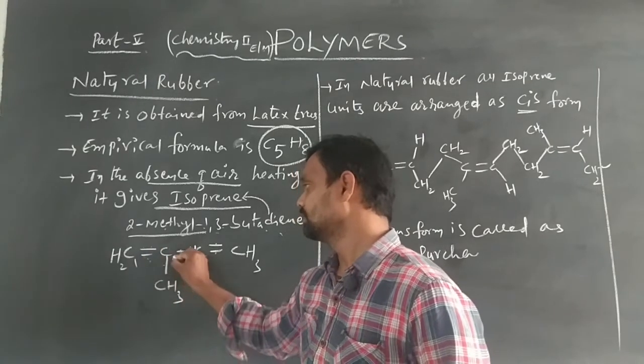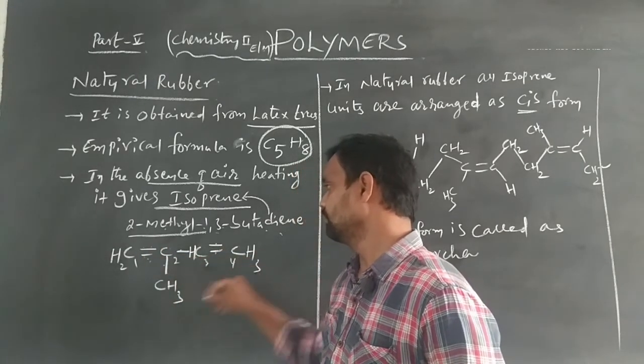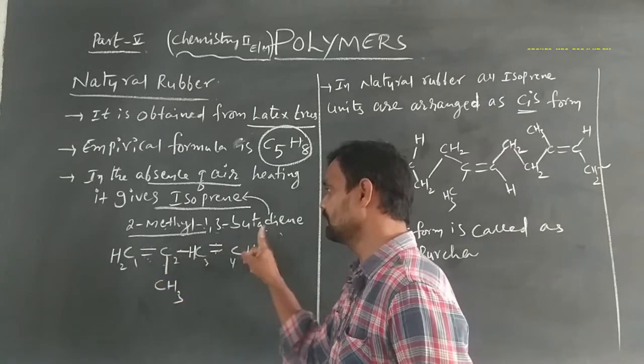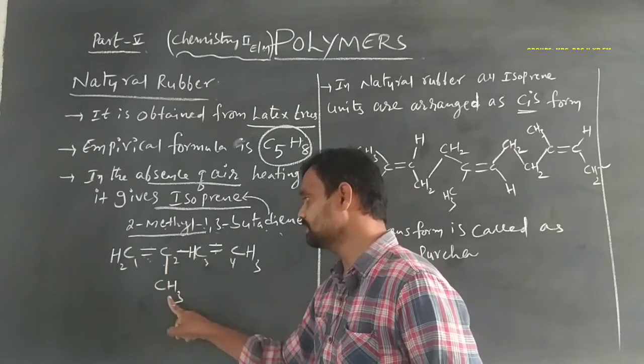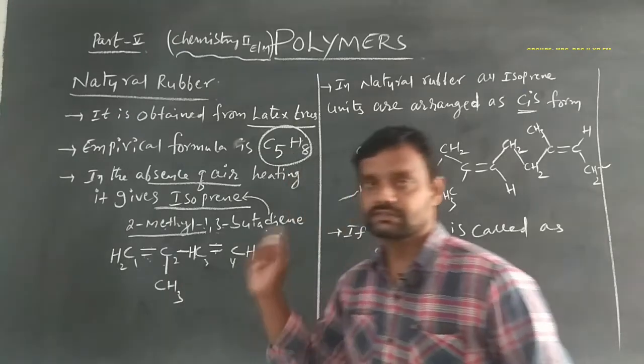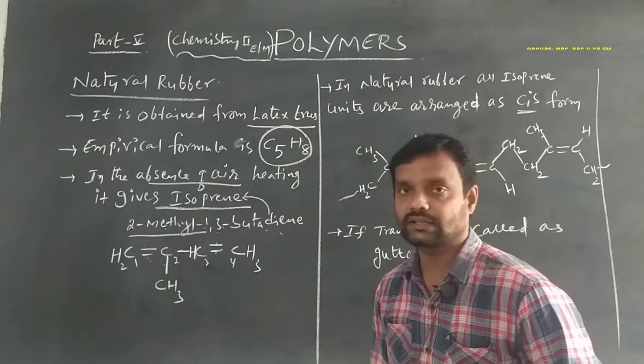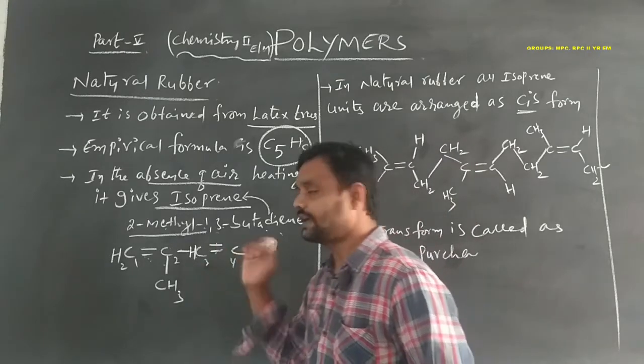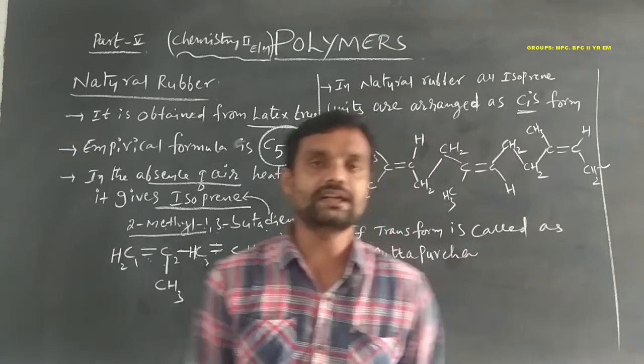So 1, 2, 3, 4 butadiene, and on the second position a methyl group is present. So simply that is called 2-methyl-1,3-butadiene. This is the IUPAC name for isoprene, and the common name is isoprene.